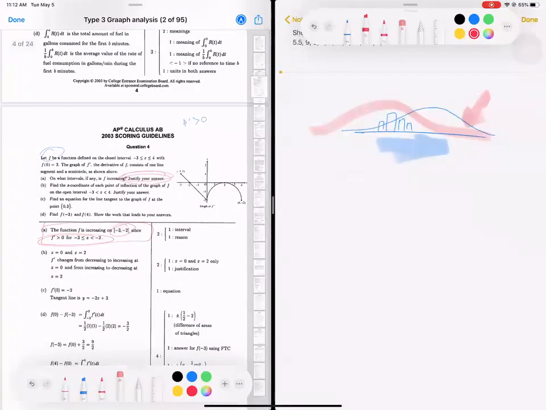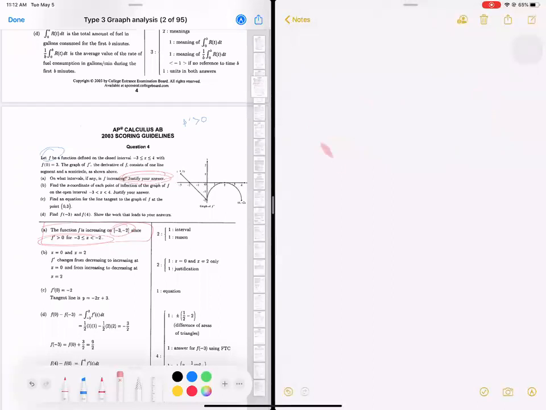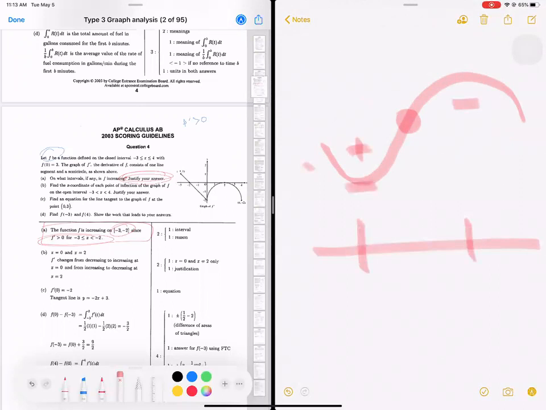Okay, a point of inflection is where the graph changes in acceleration. So a point of inflection would be right here, where concavity changes. This is concave up and concave down. If I took the derivative of this, it is negative. Our critical points are right here because the slope is 0.